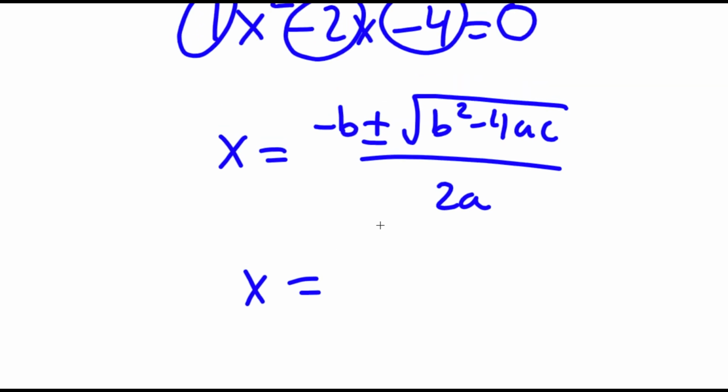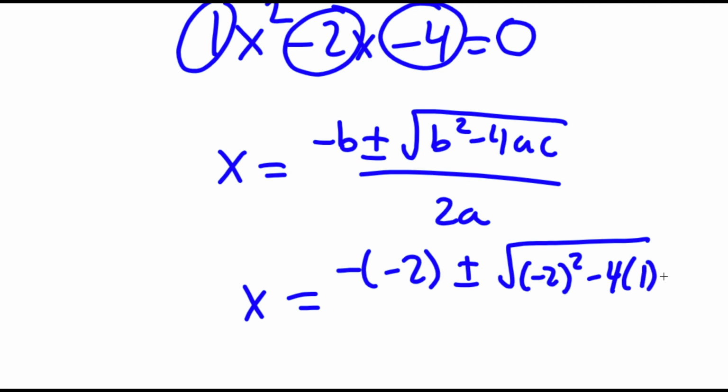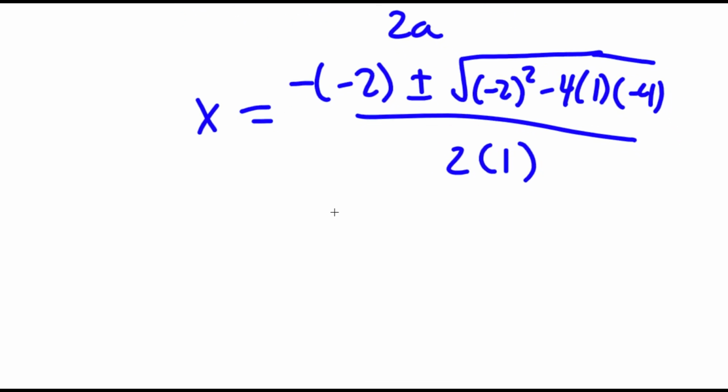So I have x is equal to negative negative 2 plus or minus the square root of negative 2 squared minus 4 times a, which is 1, times c, which is negative 4. And I have all of this over 2a, so 2 times 1.